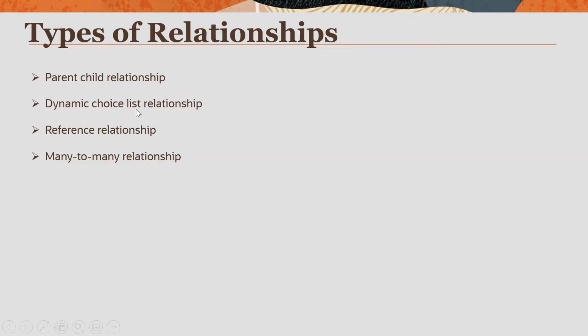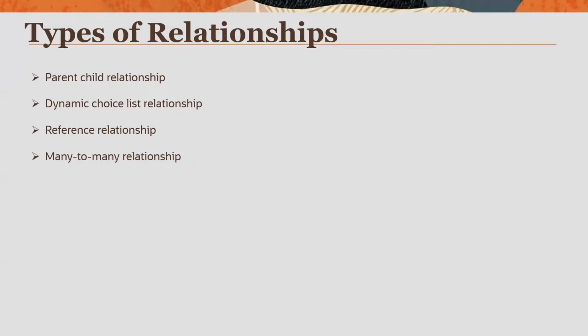And the dynamic choice list relationship. This is one type of field. If you remember in yesterday's session, we have one type of field called fixed choice list and dynamic choice list.